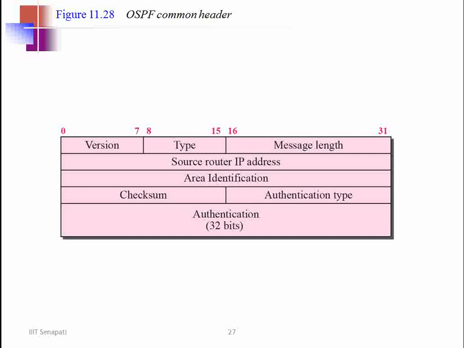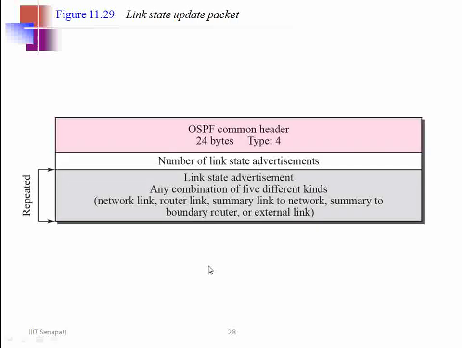Now this is the authentication data, 32-bit, where if the authentication type is 0, this field is filled with zeros. If the authentication type is 1, this field will carry an 8-character password. Okay, that is the thing. So this is 32-bit or 64-bit, it may differ.